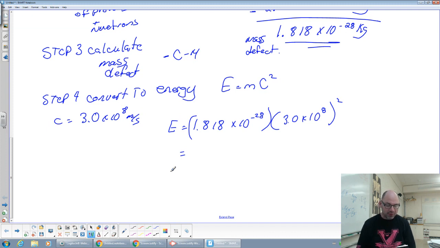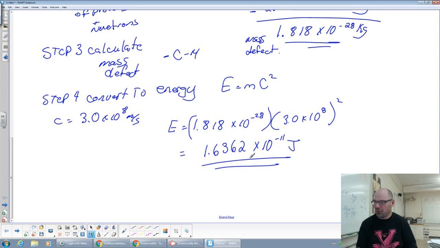So we got 1.6362 times 10 to the negative 11 joules.